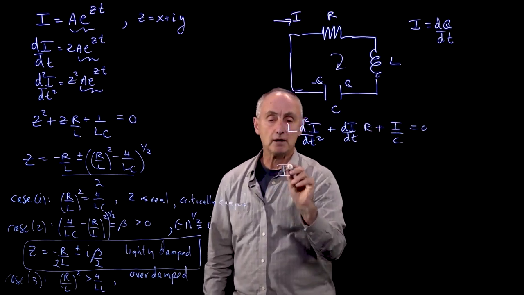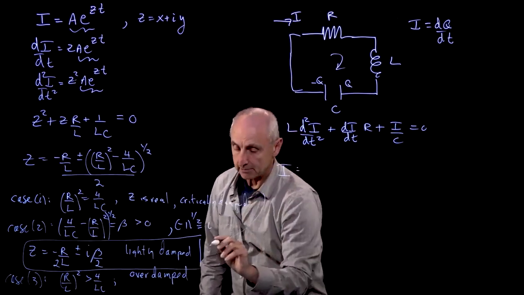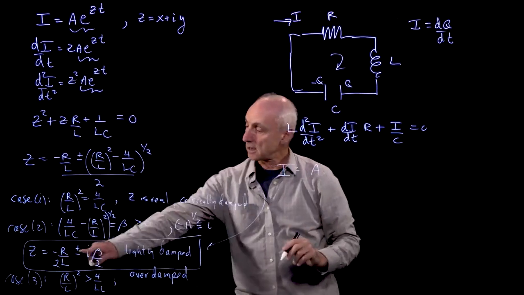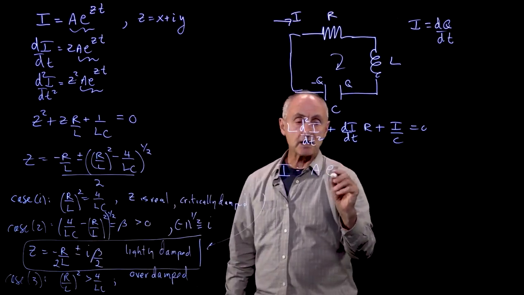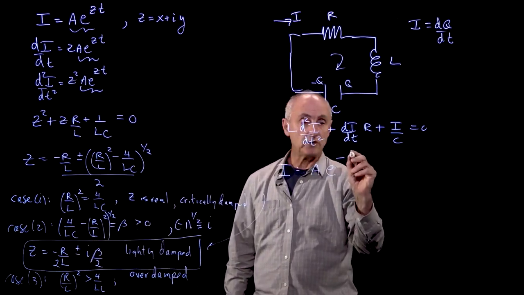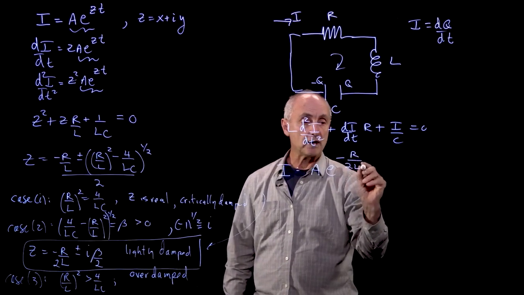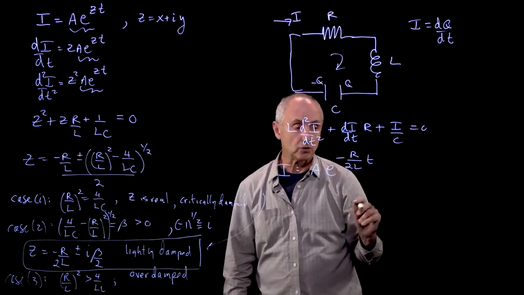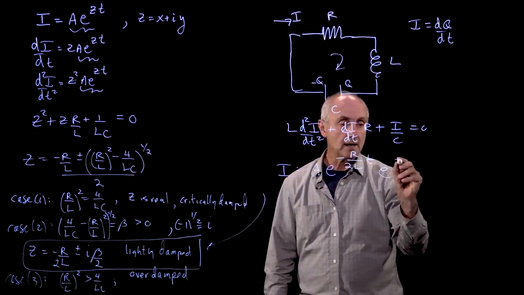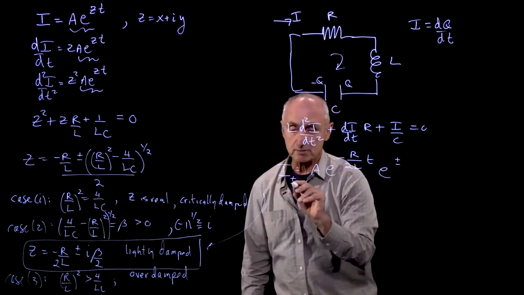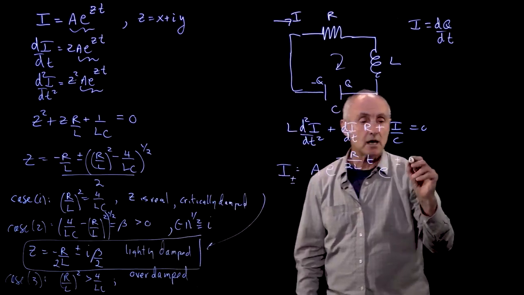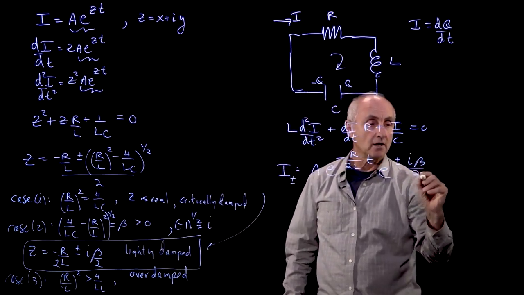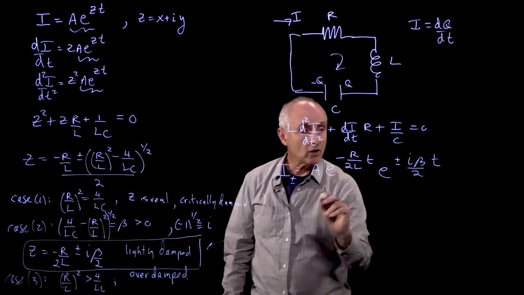Now, our current in the lightly damped case is equal to an amplitude times an exponential of a real factor, R over 2L times t. This is a decaying exponential times, there are two possible solutions, plus and minus, times a sinusoidal varying piece.